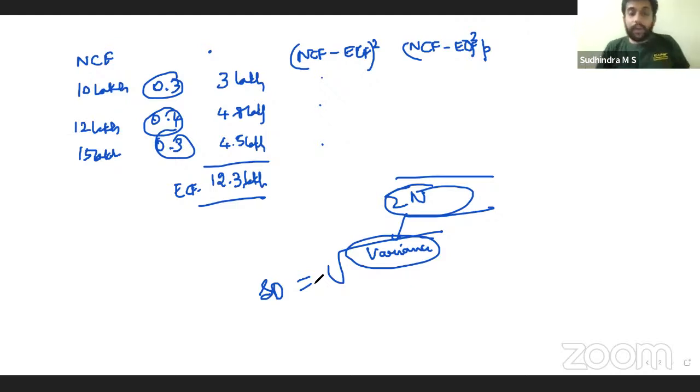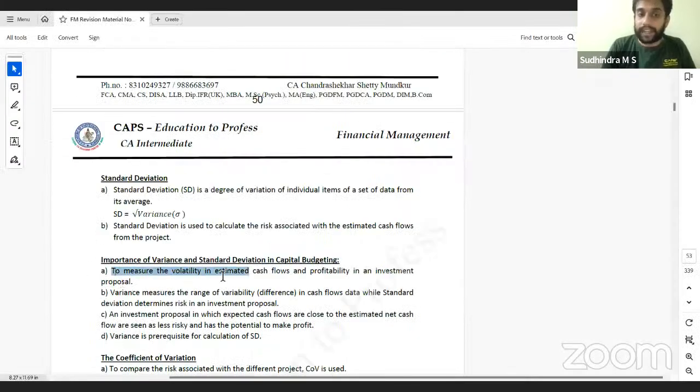Now, what is the importance of this variance and standard deviation? It helps us in understanding the volatility in the estimated cash flows and profitability in an investment proposal. Variance measures the range of variability in the cash flow, whereas standard deviation helps in determining the risk.